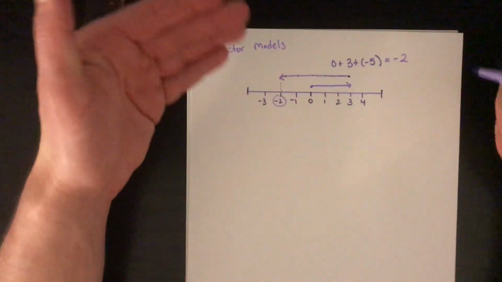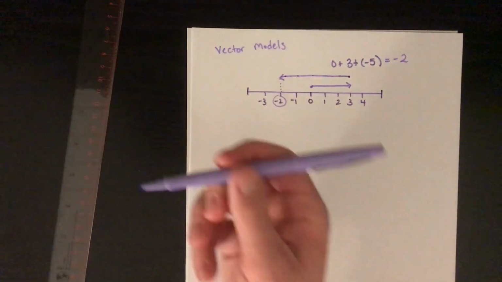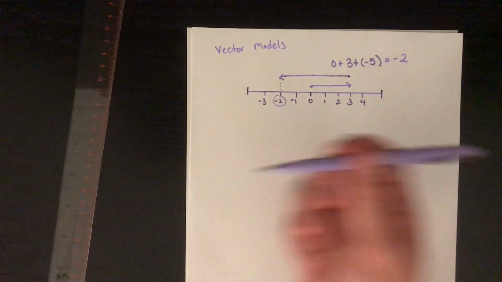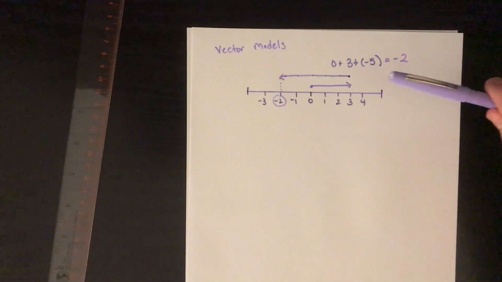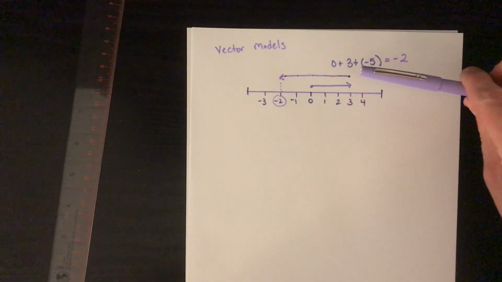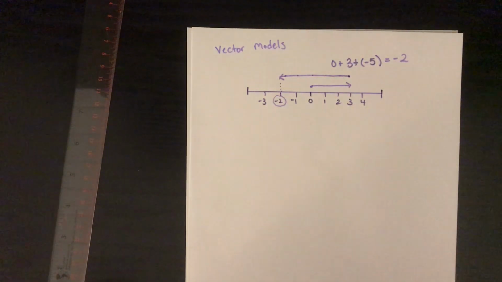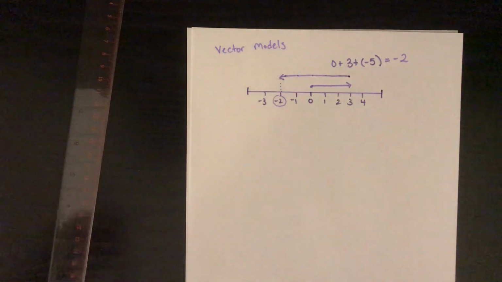These vector models were designed to help us realize that anytime we add a positive number, we wind up going to the right or more positive. And every time we add a negative number, we wind up going to the left or more negative.